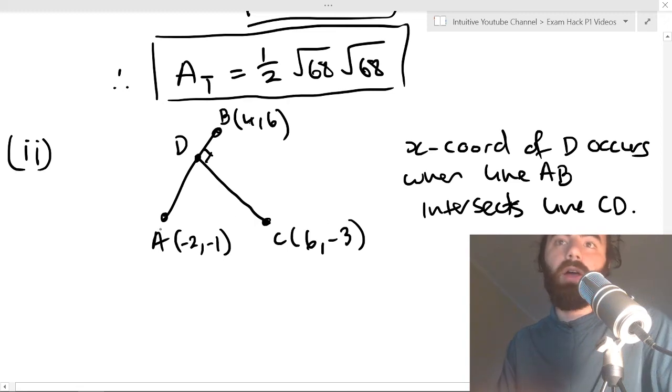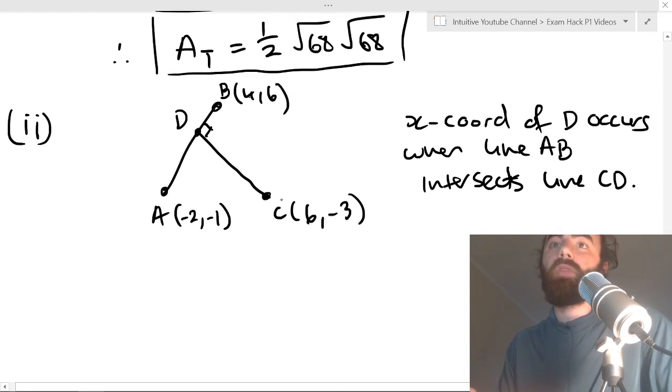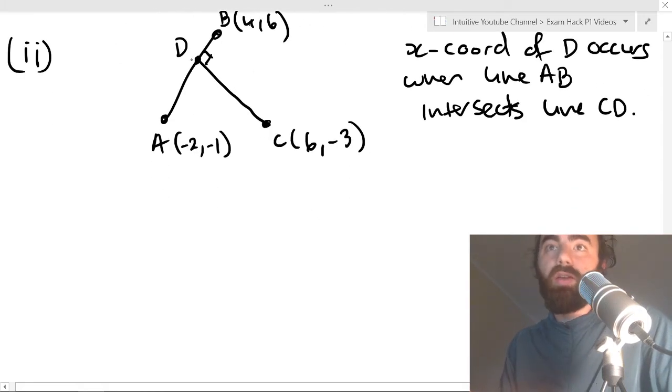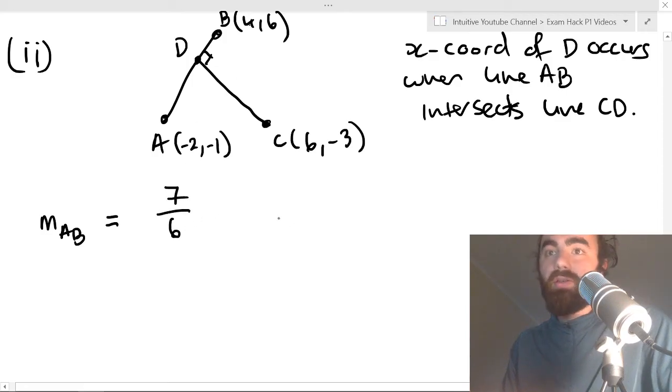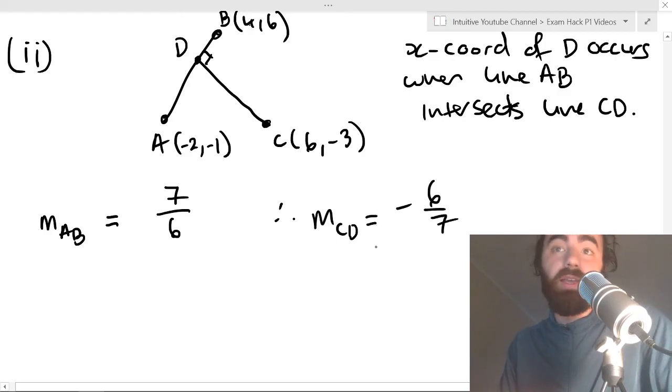So all we have to do is find the equation of the line of AB and the equation of the line of CD, and then equate them to find the x-coordinate of D. Well, we know that the gradient of AB is going to be 6 minus 1, 7 over 4 minus 2 is 6. So therefore the gradient of CD, because they're perpendicular to each other, is -6 over 7, which is the negative reciprocal of the gradient of AB.